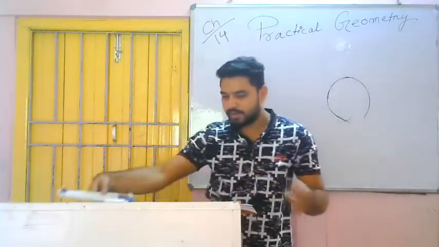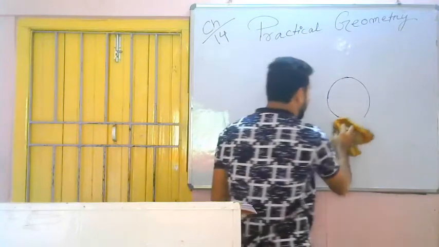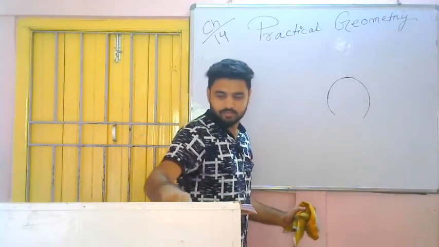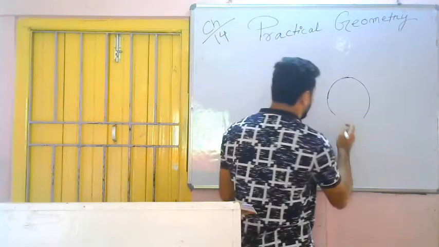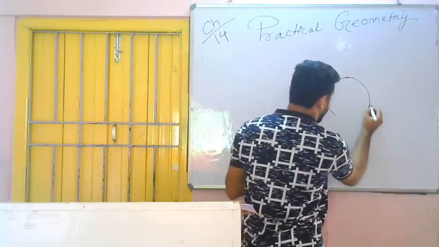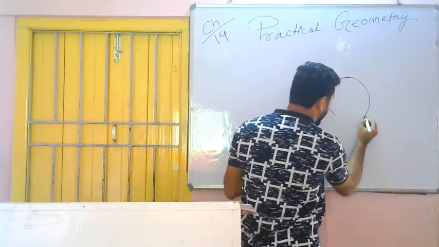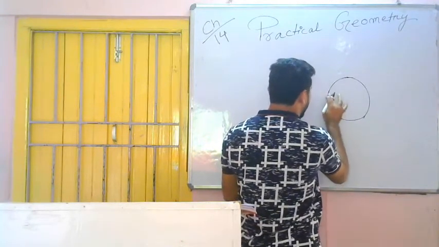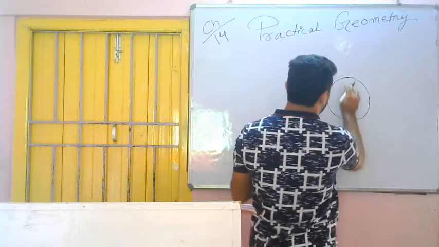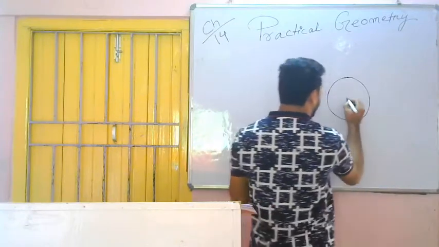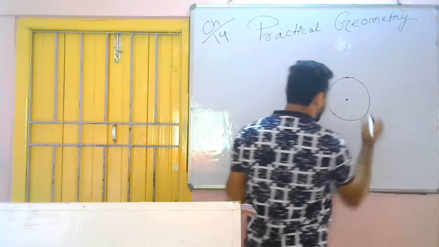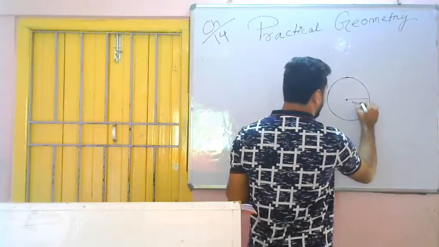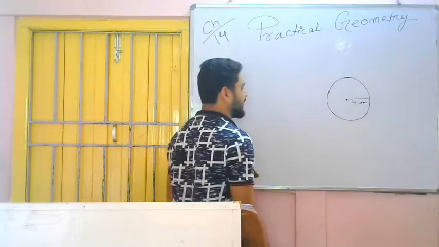This actually cannot be drawn nicely, okay? Like this you will get the circle, okay? You take the radius here. You take radius as like 4 centimeter, okay? Suppose 4 centimeter.